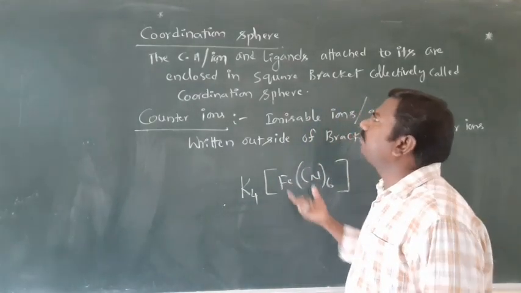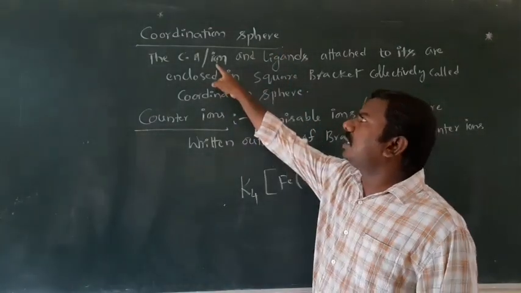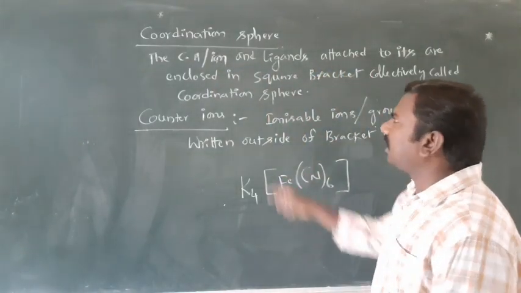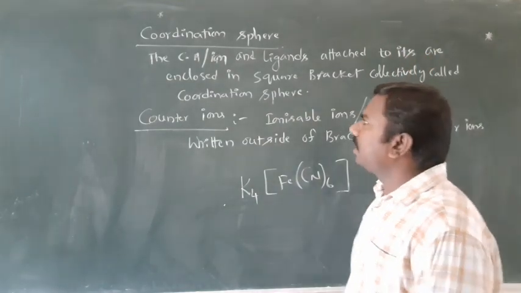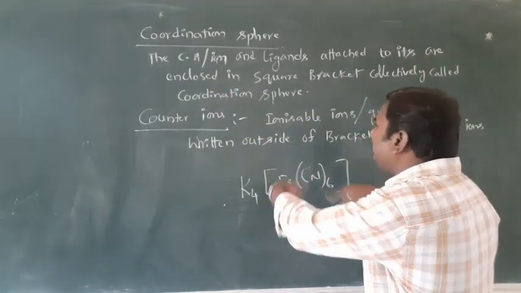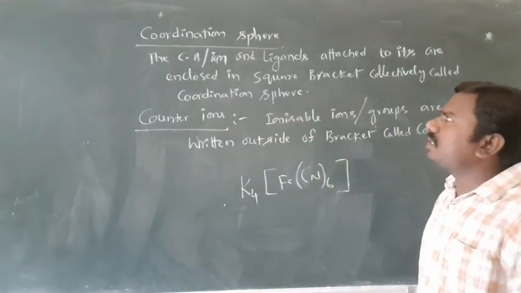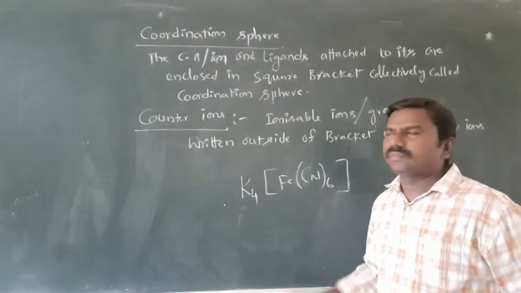This bracket is simply called a coordination sphere, defined as the central ion and the ligands attached to it enclosed in a square bracket. Which one is that? Coordination sphere. It is nothing but the coordination entity.